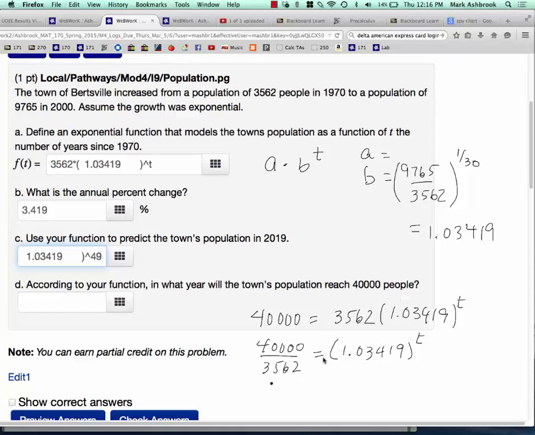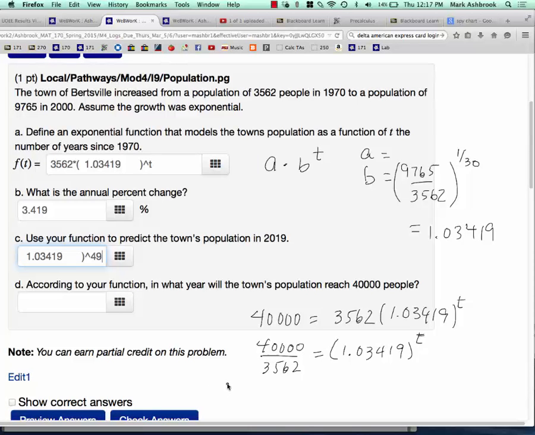t is the exponent of what? t is the exponent of 1.03419 that gives that ratio, right?